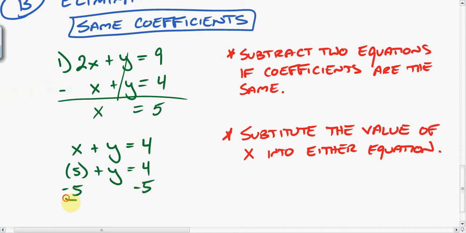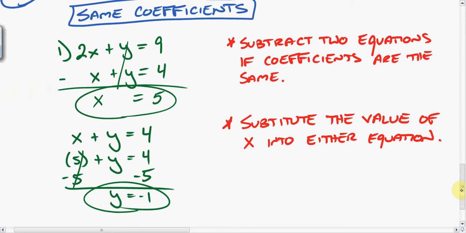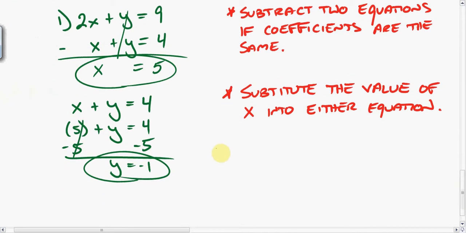So subtract 5 from each side. 4 minus 5 gives me negative 1. So we see x equals 5, y equals negative 1. That would be your solution. The solution in ordered pair form is 5, negative 1.